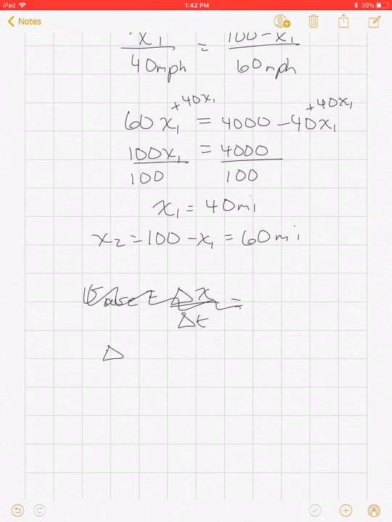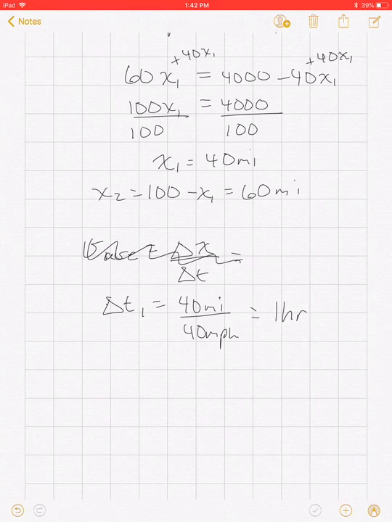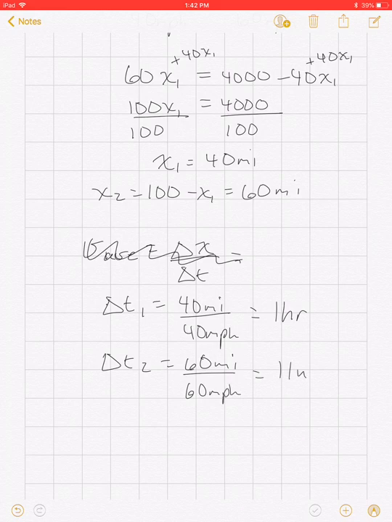Total time for each leg, well, time 1, that's going to be x1, which is 40 miles, over 40 miles per hour. So that's just going to be 1 hour. And time 2, well, that's just going to be 60 miles over 60 miles per hour. So that's also going to be 1 hour, which we knew because they were the same, right?